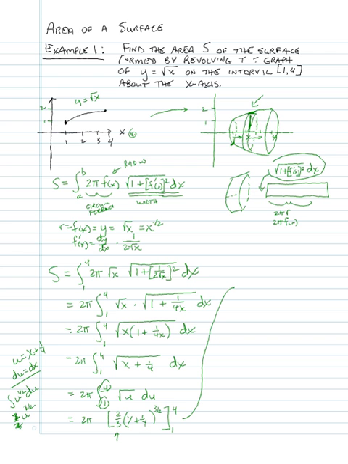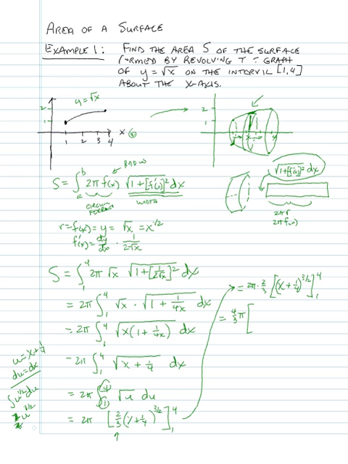As we factor that out, we'll have 2 pi times 2/3, and we're going to evaluate x plus 1/4 to the power 3/2 from 1 to 4. And I've crammed myself in here again, haven't I? So we have 2 times 2/3, so 4/3 pi.